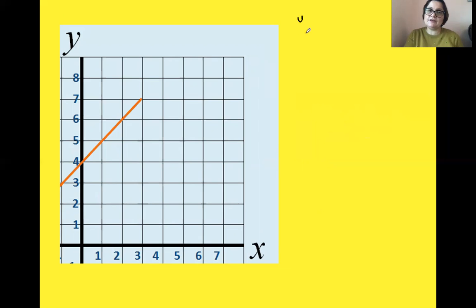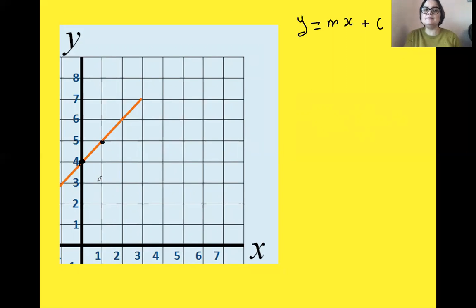Again, we are going to begin with the general formula y equals mx plus c, where m is the gradient, c is the y-intercept. Now we need to find the gradient using the picture. First of all, let's select two perfect points, and I am going to select this point here, 0, 4, and this one here.